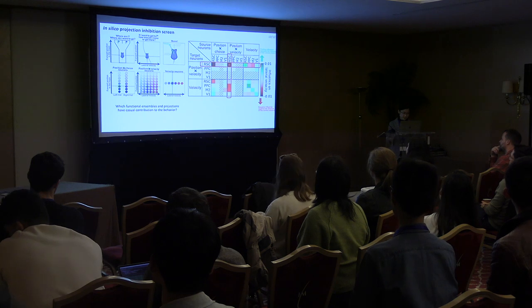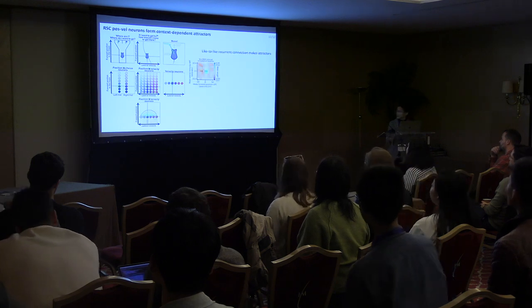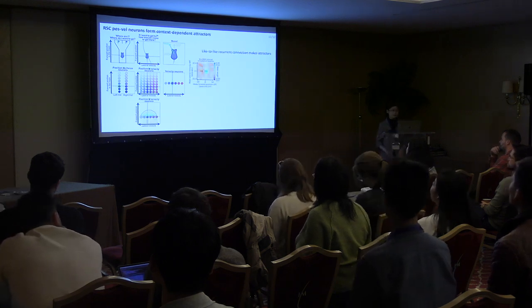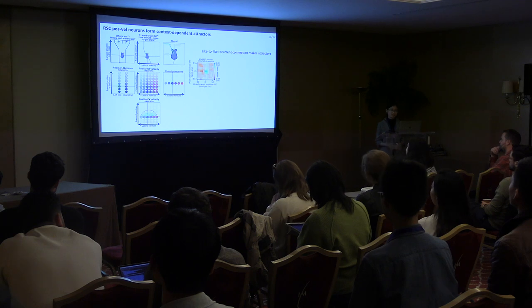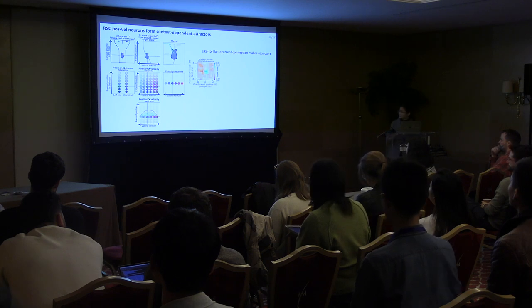We find that these neurons are connected in a like-to-like manner, which means these neurons will excite each other more if the pre and post pairs have a similar preference of position and velocity. This like-to-like pattern might remind you of fixed point attractors, and that is exactly what we find.